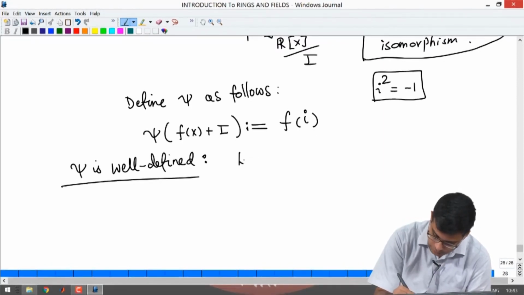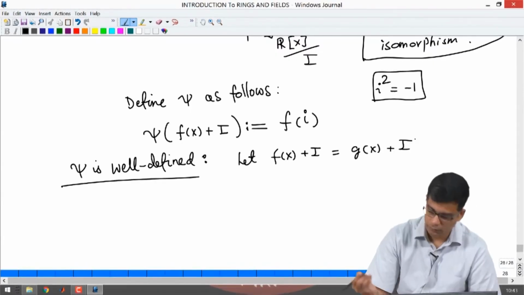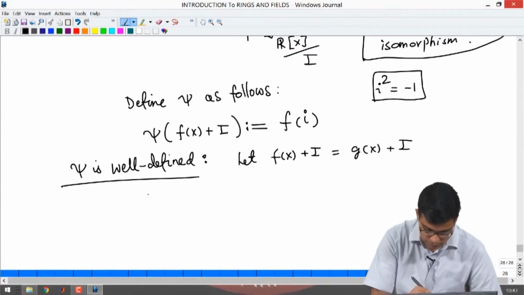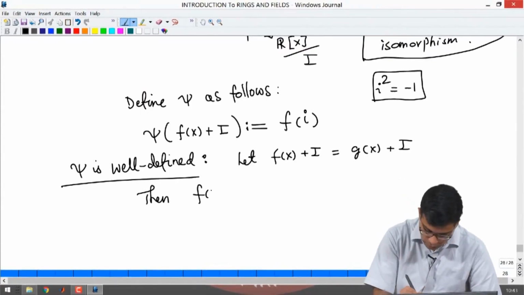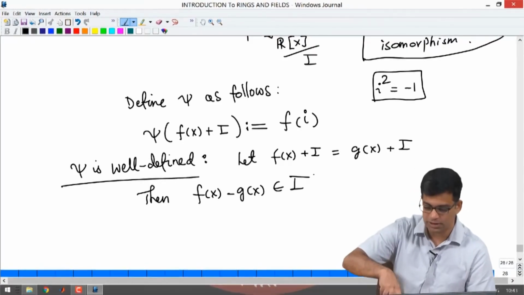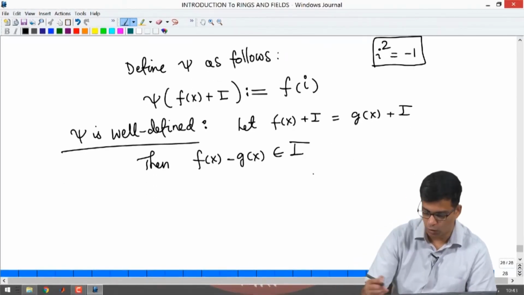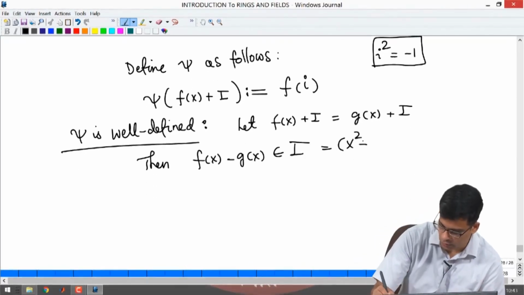let f(x) + I be equal to g(x) + I. That means f(x) minus g(x) is in I. By definition of equality of cosets, if two cosets are equal, the difference of f and g is in I. But what is I? I is generated by x squared plus 1.